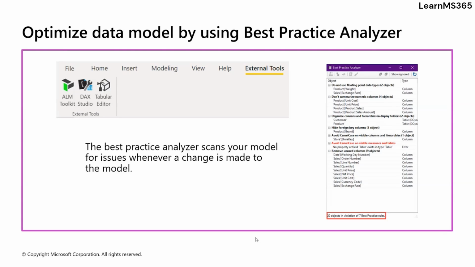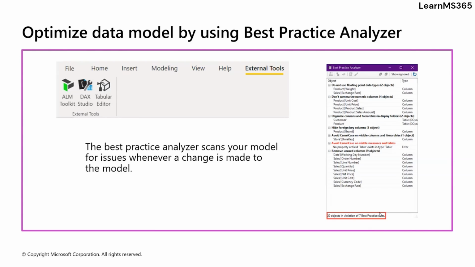Tabular Editor enables users to easily manipulate tabular models and can be used in different ways. It can be used to quickly edit data models, automate repetitive tasks using scripting, incorporate DevOps with tabular models, and run BPA rules.